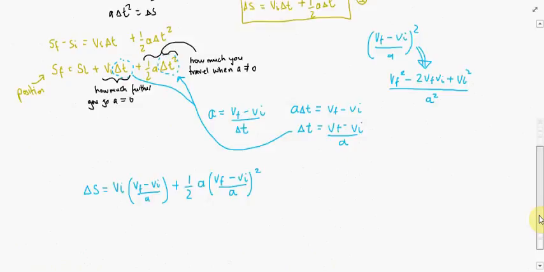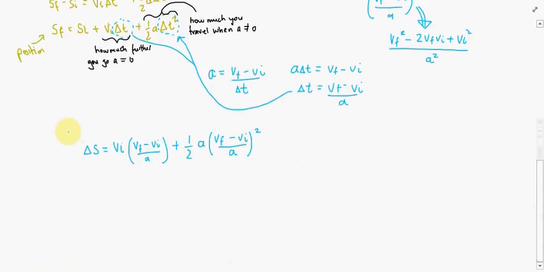So then all of this becomes delta S is equal to, and now I'm going to multiply this out. Vi times Vf minus, and a Vi times Vi is a Vi squared, and it's all over a, plus 1/2 a, and then all of this became all of that.